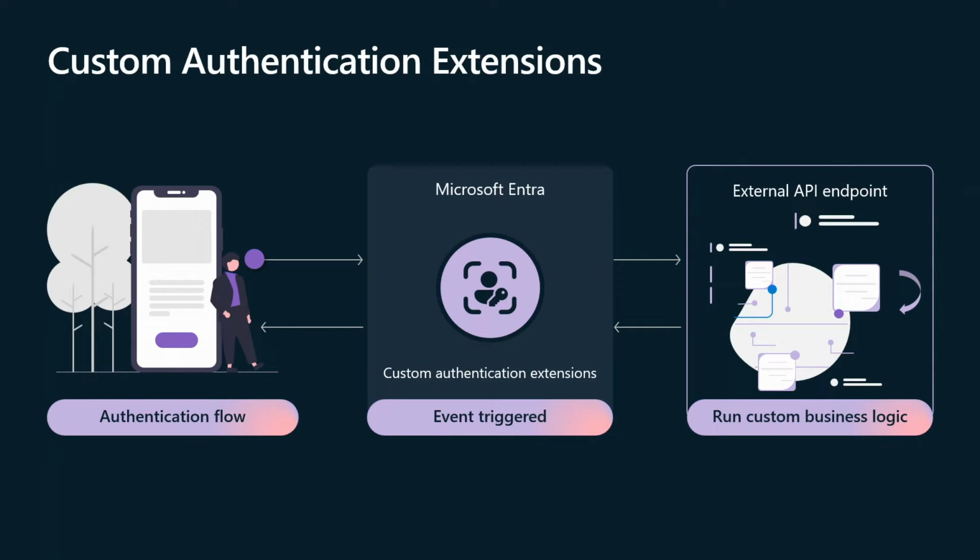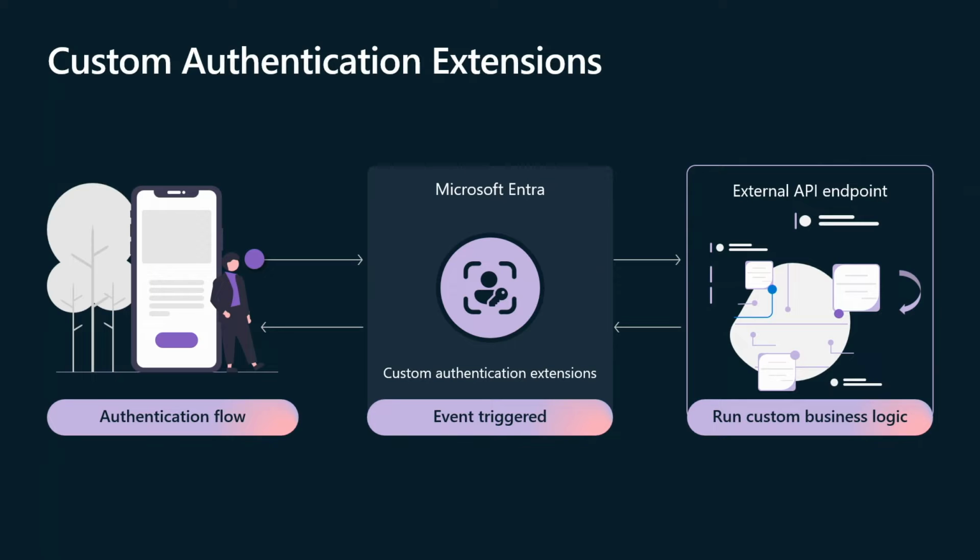We're working on pushing out all kinds of new events. So this is an event-based model where during the authentication flow, there are certain points where we add a hook. And at that point, you can make a call out to code that you write and run yourself. In particular, I'll note that this is an external API endpoint. It can be running on whatever infrastructure and whatever language framework that you prefer.